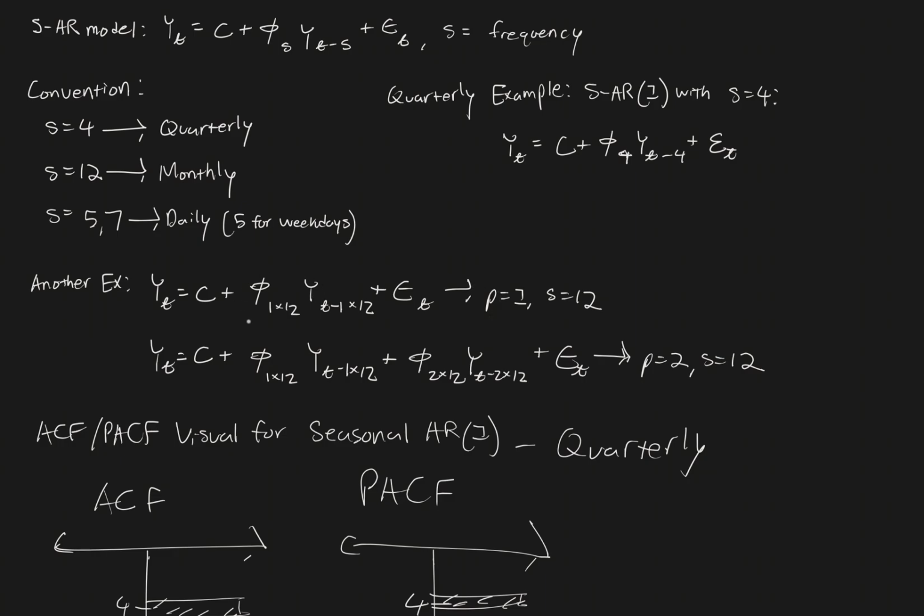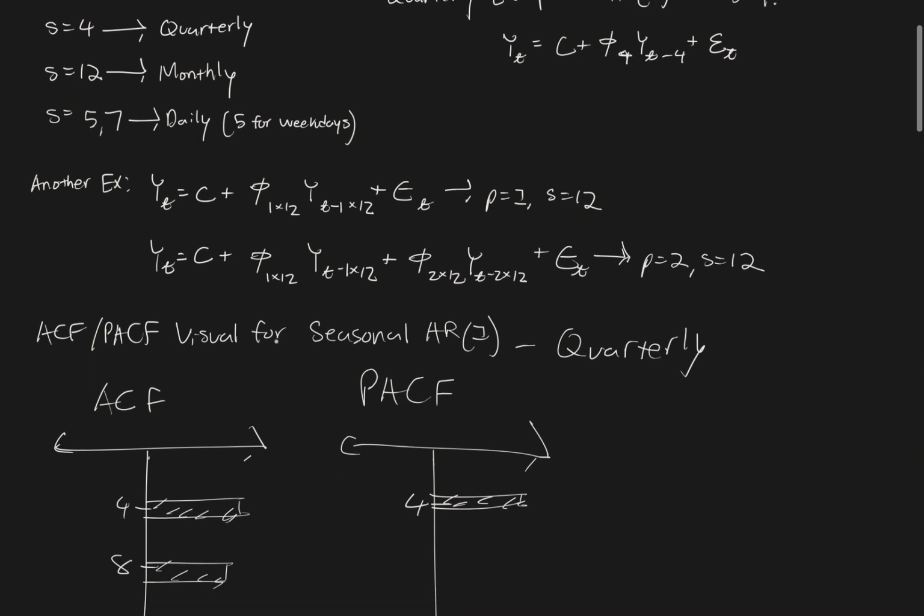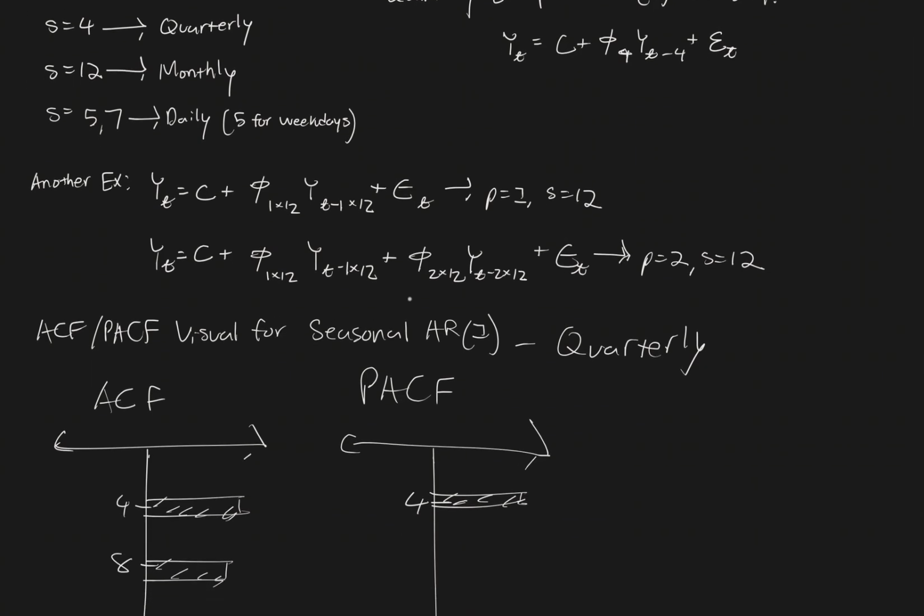So the order of this model to the right is lag of 1, but the seasonal S equals 12 to represent monthly. Likewise, we can write two variables, one with the lag of 1, one with the lag of 2. And then we want to be consistent, so we still write in times of 12.